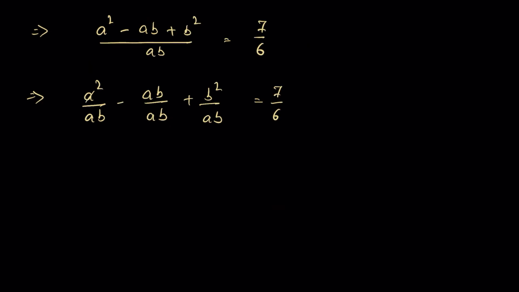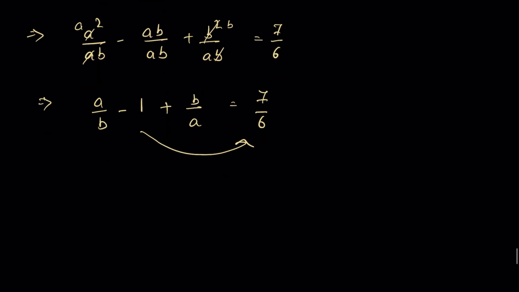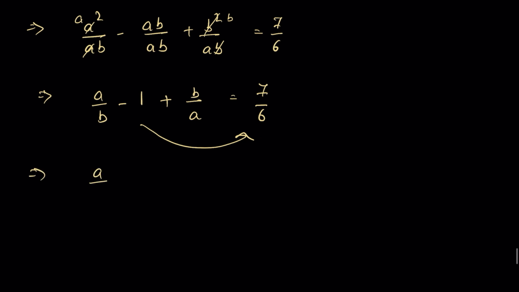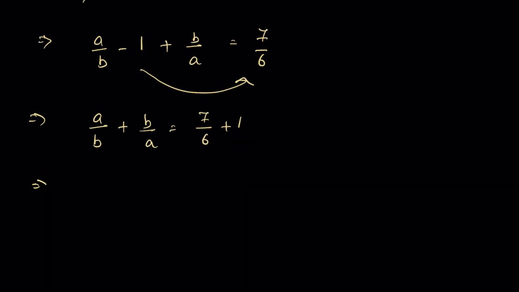Now if we cancel, we have a upon b minus 1 plus b upon a equals 7 upon 6. We send minus 1 to the right hand side, then a upon b plus b upon a equals 7 upon 6 plus 1, taking 6 as the common denominator, (7 + 6) upon 6.